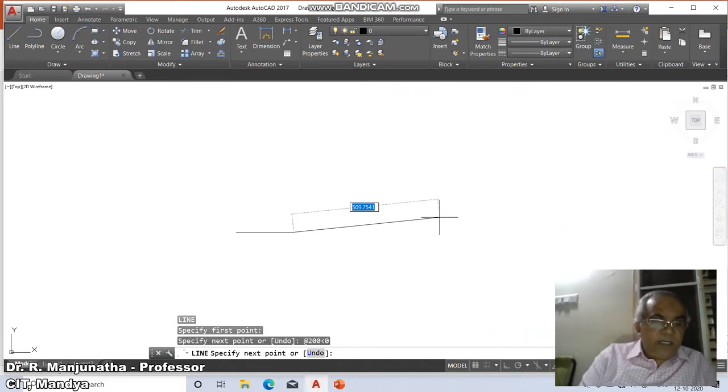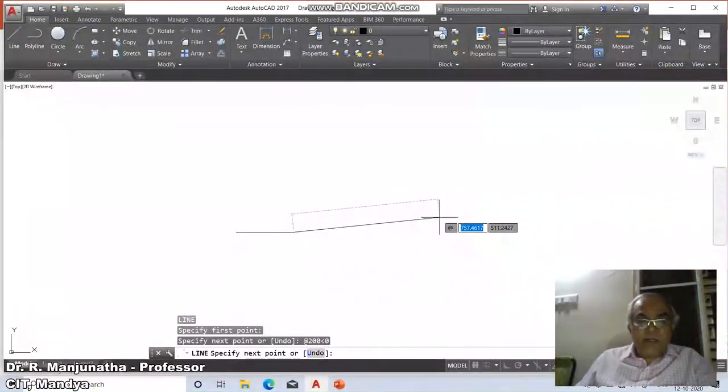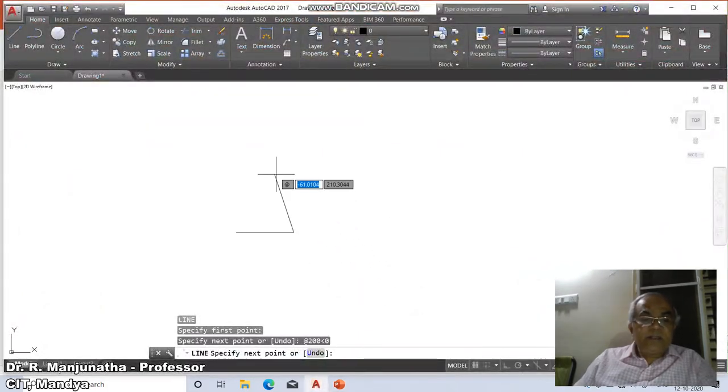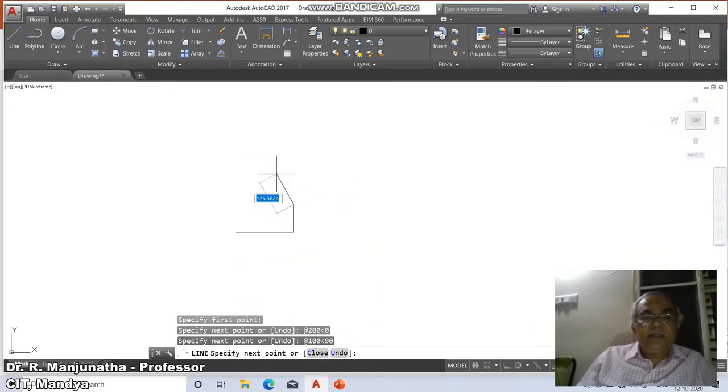Then again at the rate, the position of the new point with reference to the previous point, that is this vertical line, since we want a rectangle, at the rate 100 less than 90 because it is in counterclockwise direction as positive.